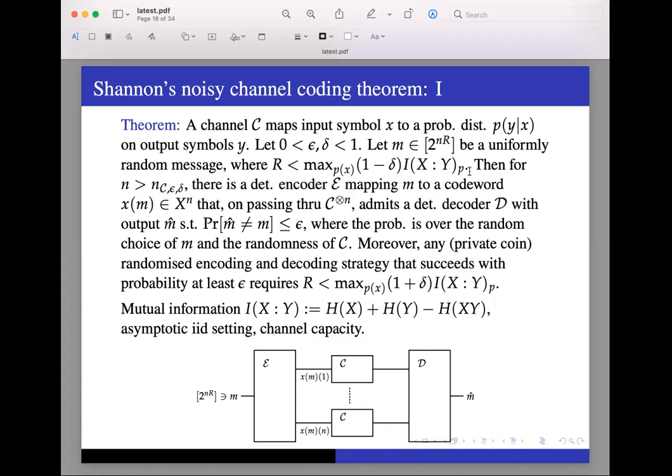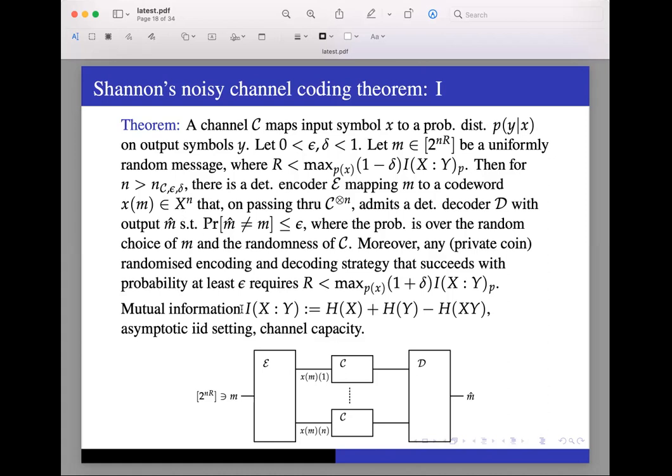Why? So for large enough n, so large enough n means this threshold depends on the characteristics of the channel. So basically on this conditional probability distribution, it depends on epsilon delta. But for large enough n, there is a deterministic encoder E, which maps the message M to a code word. So the code word I'm going to call x^n.